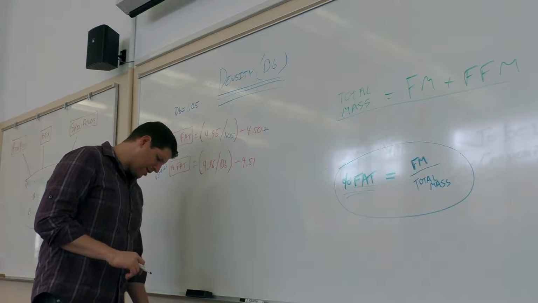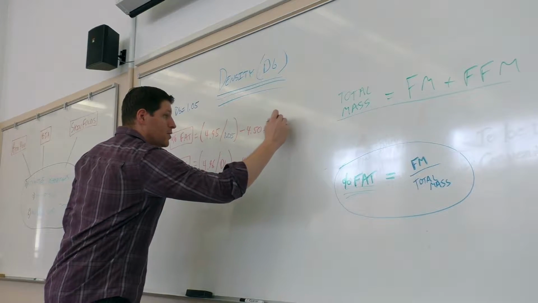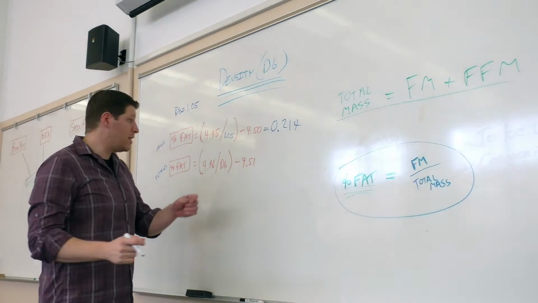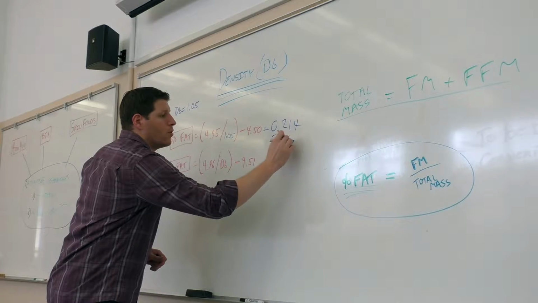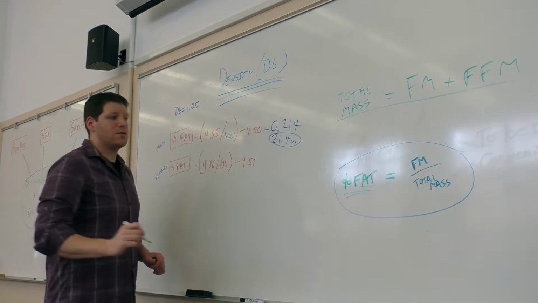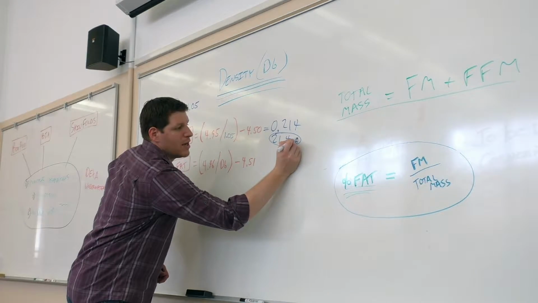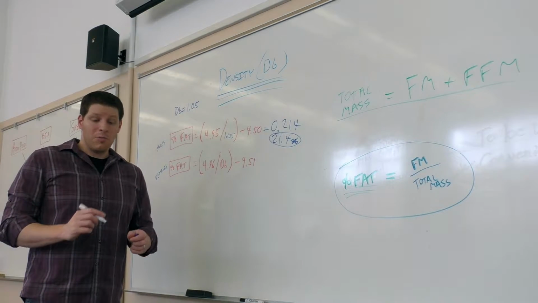Let me check here, it's on my calculator, 0.214. Or if we're talking a percentage, percent fat, we're talking 21.4% fat. Okay, so that's how we would calculate percent fat from density for both skin folds and for the bod pod.